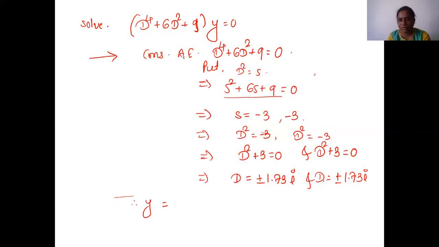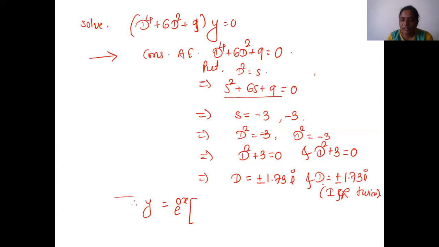What is the nature of these roots? Imaginary and repeated. How many times? 2 times. The same root we can see 2 times. What is alpha? 0. e raised to 0x in bracket. Now you can tell me the answer.